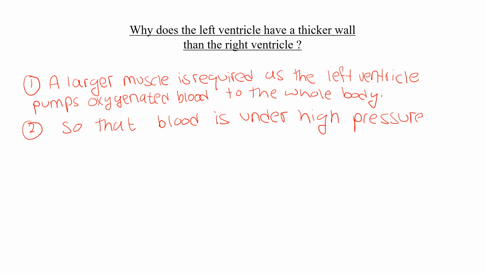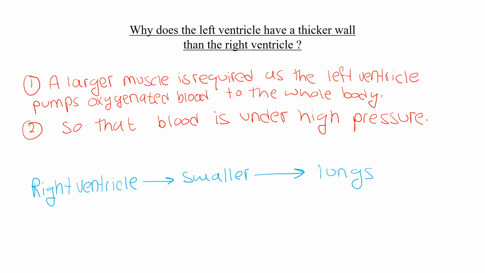You have to know that the right ventricle only pumps blood to the lungs, so this is why it's smaller. The right ventricle, let's put that in blue, is smaller because the blood only goes to the lungs, whereas the left ventricle is larger.